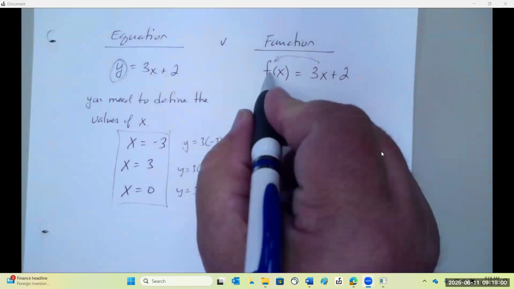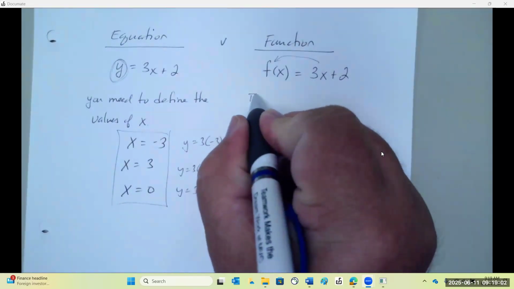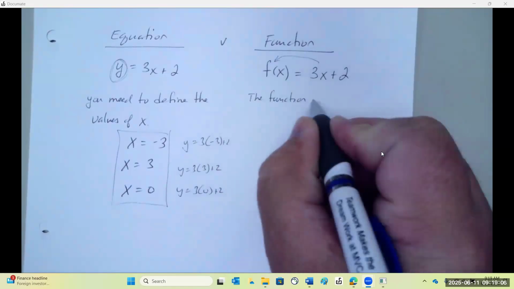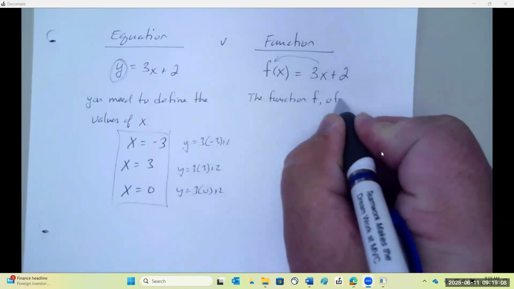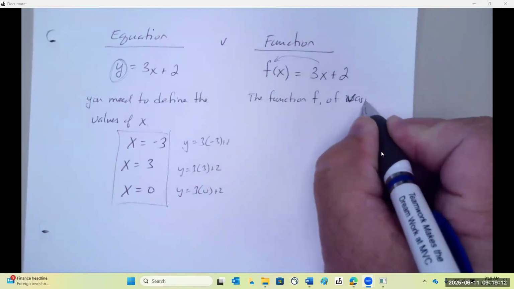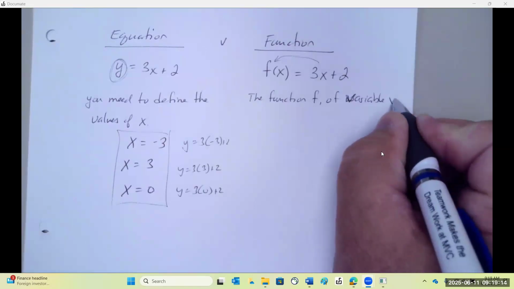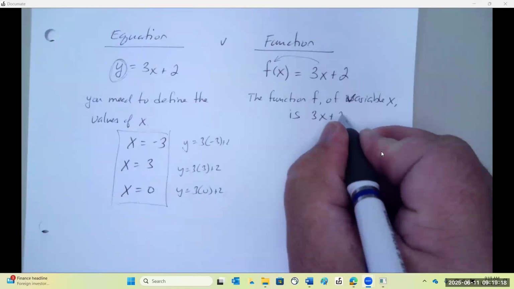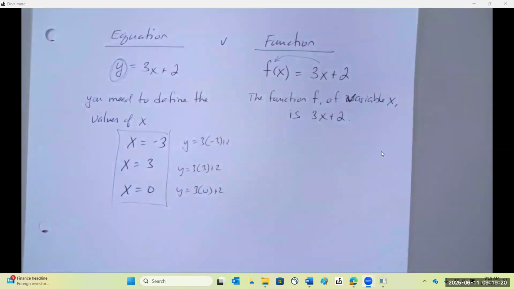The way this is read, it says the function f of variable x is 3x plus 2. That's how you read it.